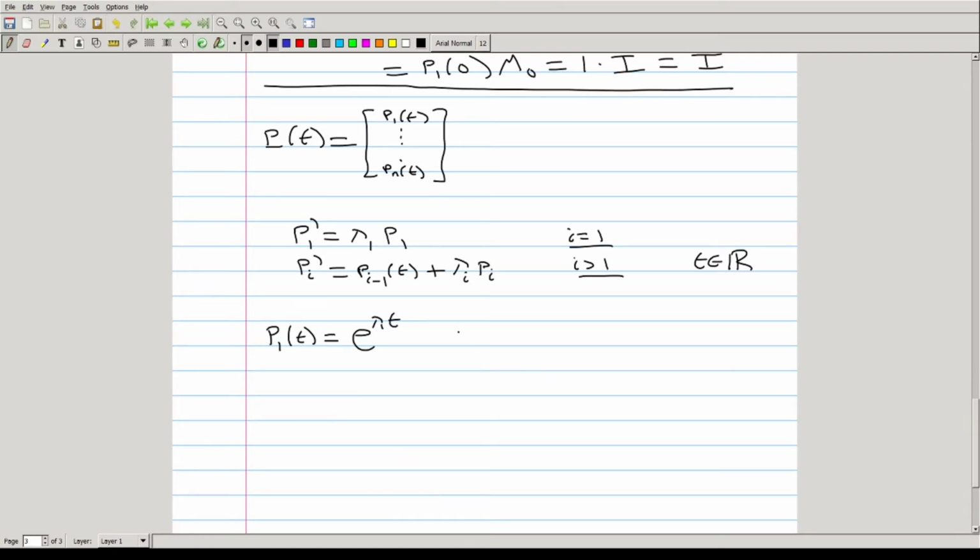And then for P2 of t, we have to go through and solve the inhomogeneous problem. P2 prime is equal to lambda 2 times P2 plus e to the lambda 1 t, because P2 minus 1 is P1 of t, which is e to the lambda 1 t.